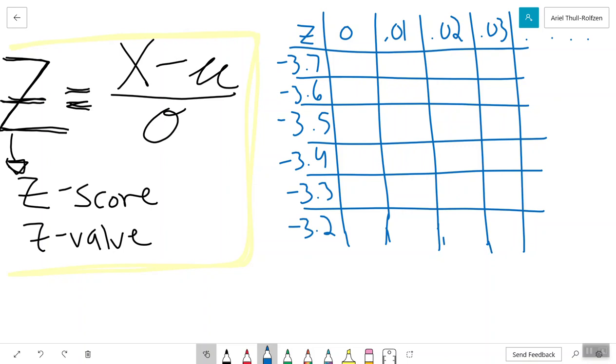And then I'm not going to write in all of the values for the body of the table. We'll just write a couple: 0, 0, 0, 1, and so on.